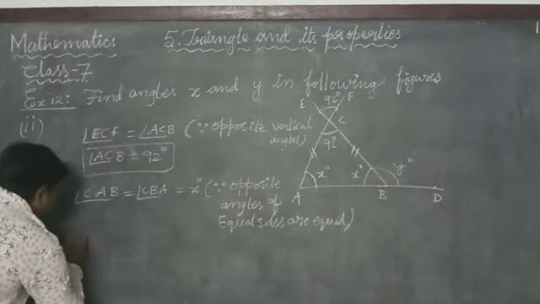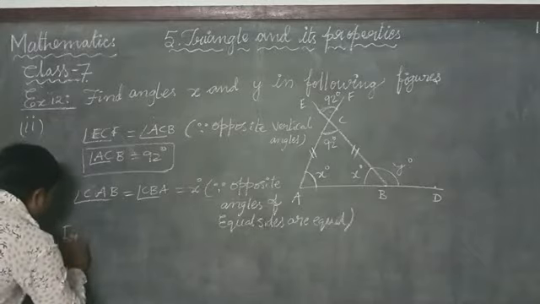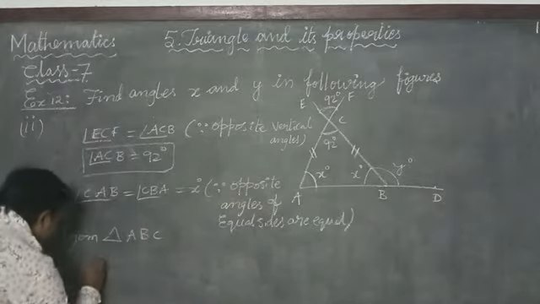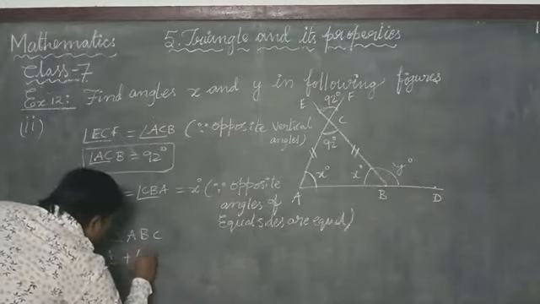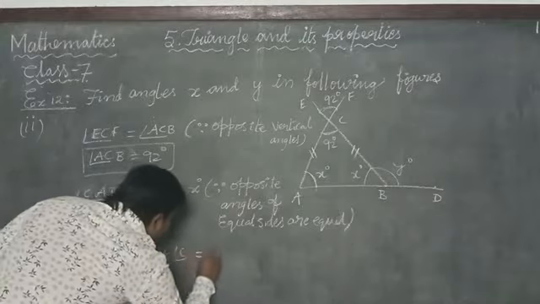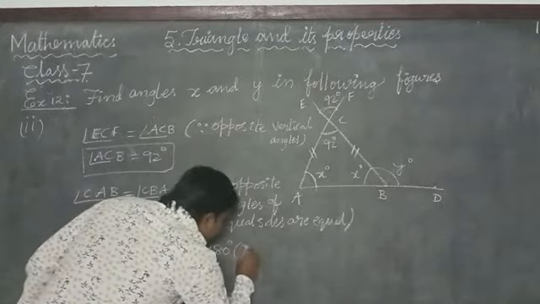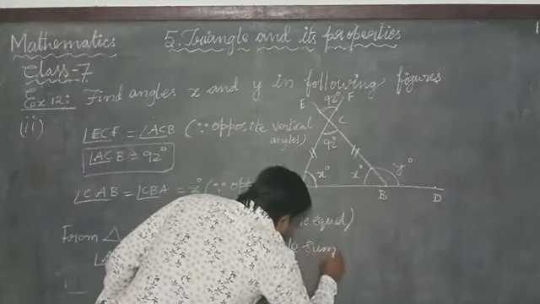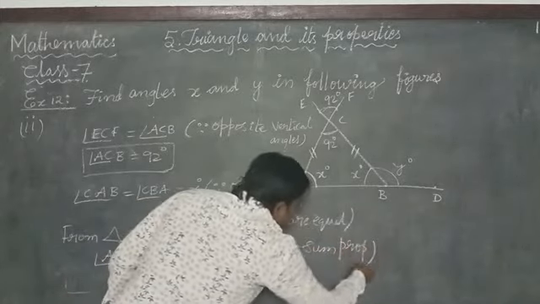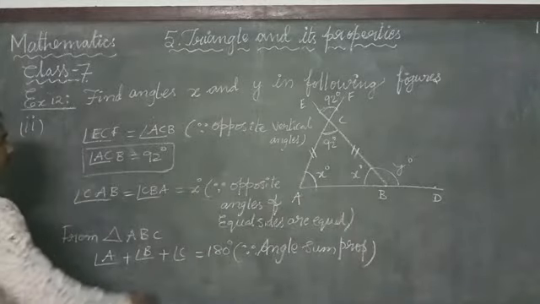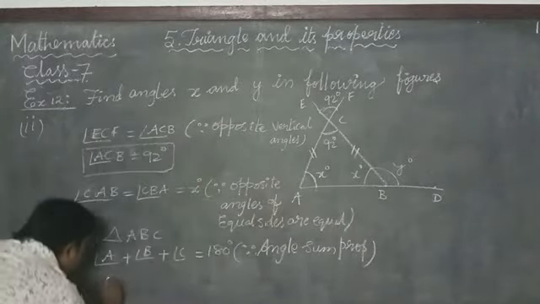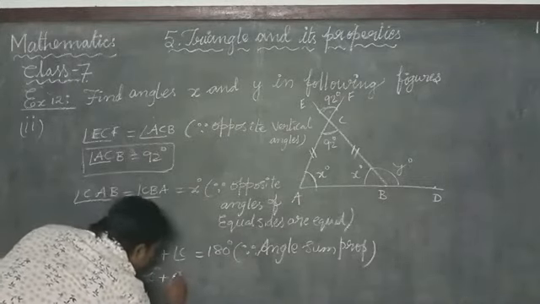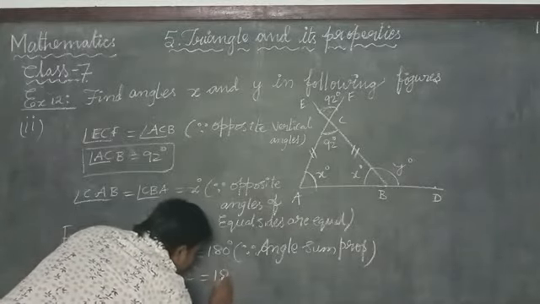Now from triangle ABC we can write angle A plus angle B plus angle C equals 180 degrees, since it is from the angle sum property. Here angle A equals x degrees, angle B equals x degrees, and angle C equals 92 degrees.